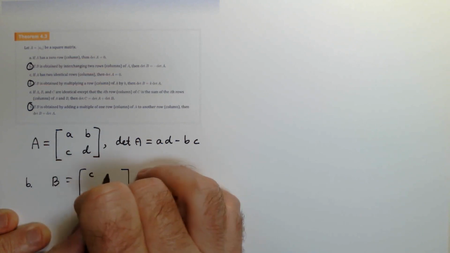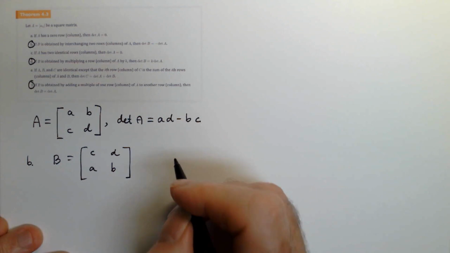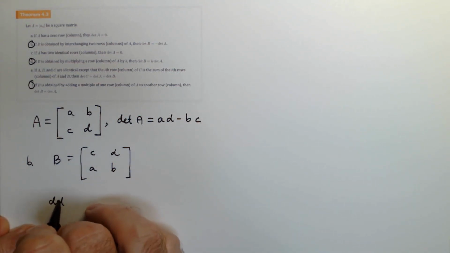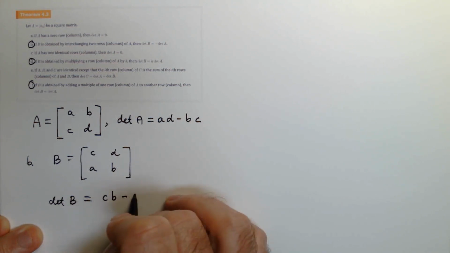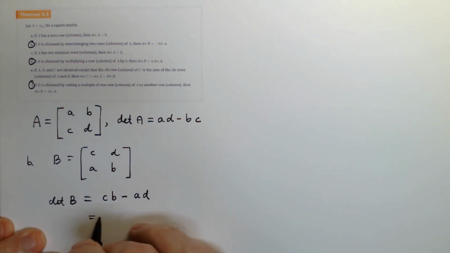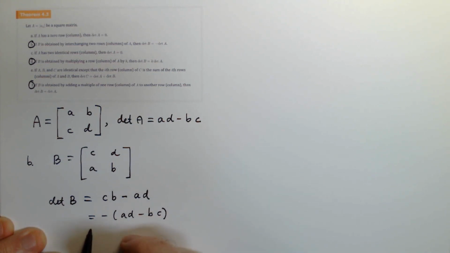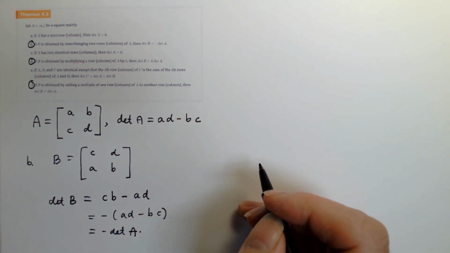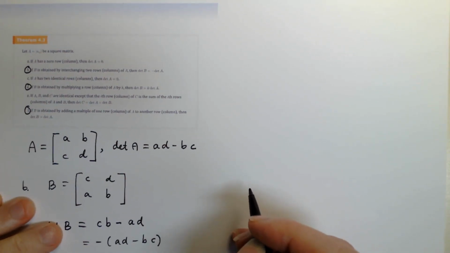And so row 1 is going to be C, D and row 2 is going to be A, B. And when I look at the determinant of B, we get CB minus AD. Now by factoring out a -1, this is equivalent to the negative of AD minus BC, and that's clearly the negative of the determinant of A. And so that verifies property B, at least in the 2 by 2 case. All right, let's take a look at property C.